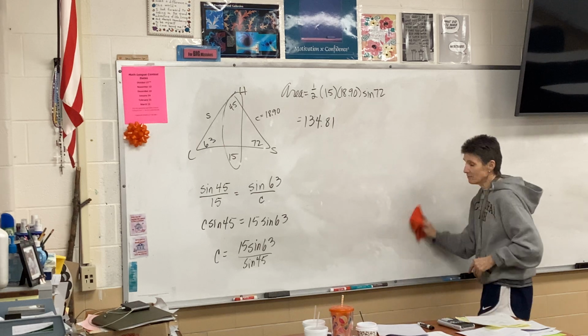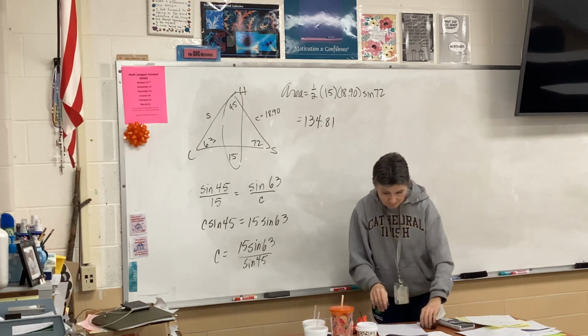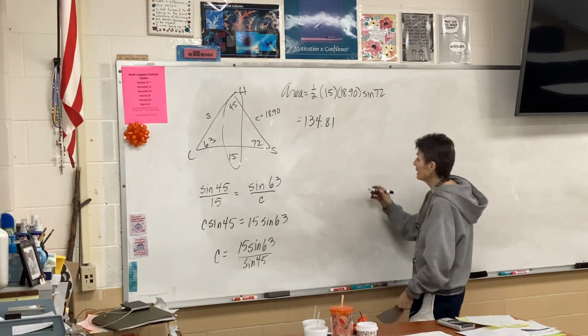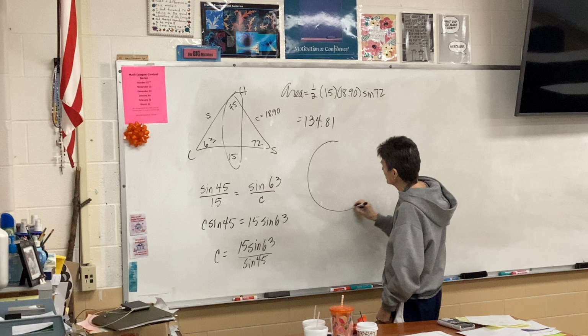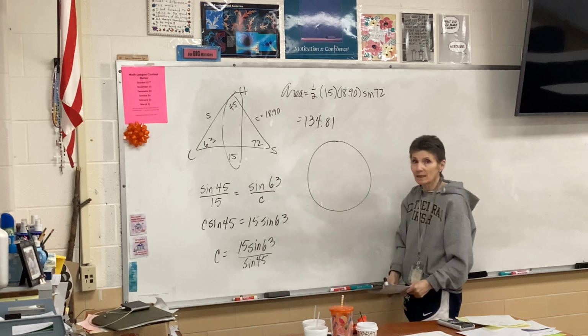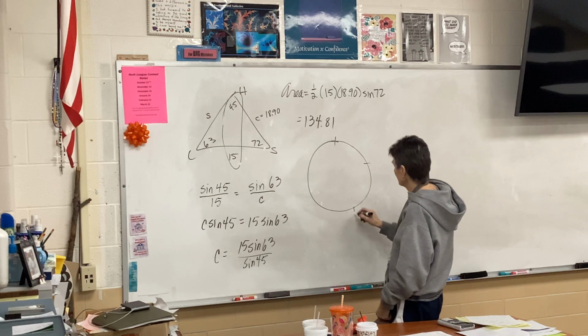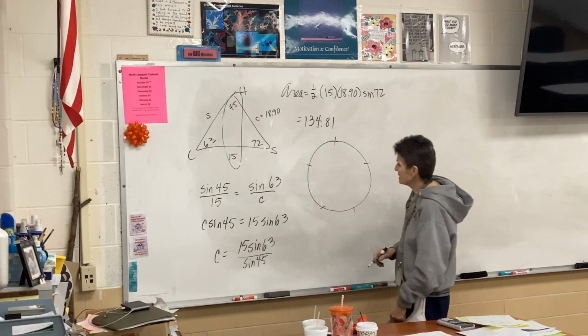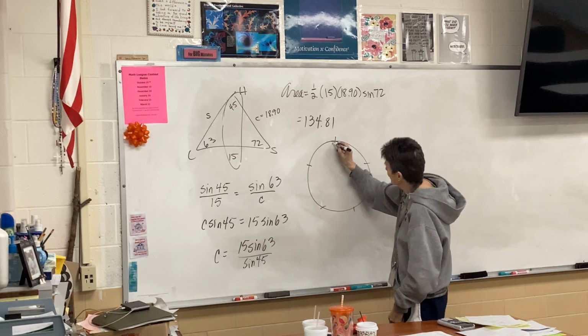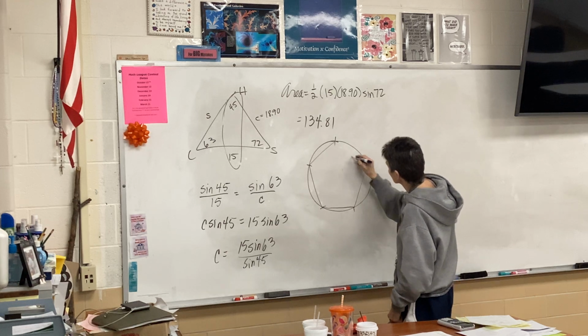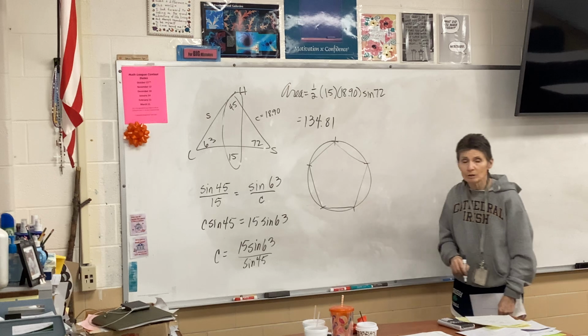All right, all we have left are our word problems, so here we go. Number one, we got a regular pentagon inscribed in a circle. So here's my circle. Pentagon is 5, so I'm going to put 5 equally spaced hash marks around the circle and connect them. Remember, nobody's grading your picture.